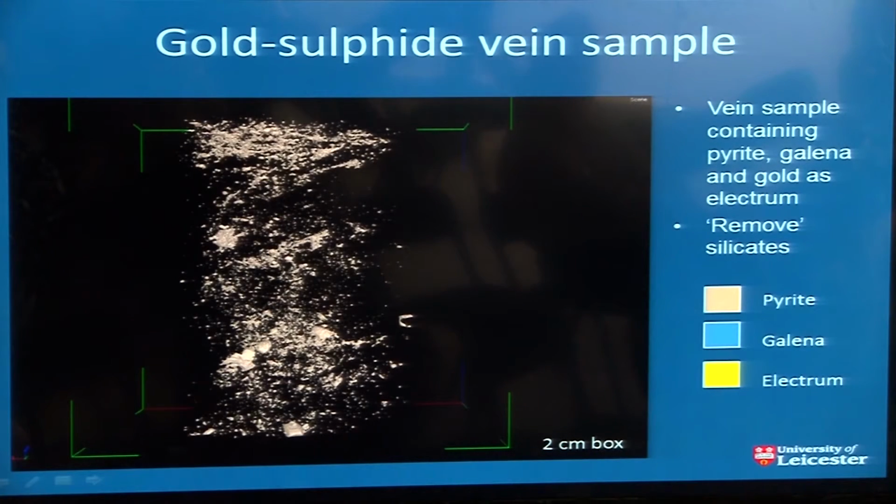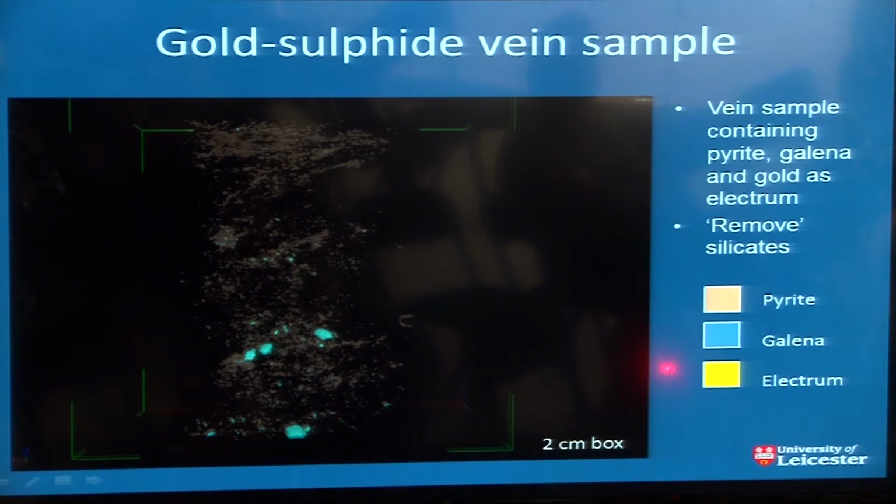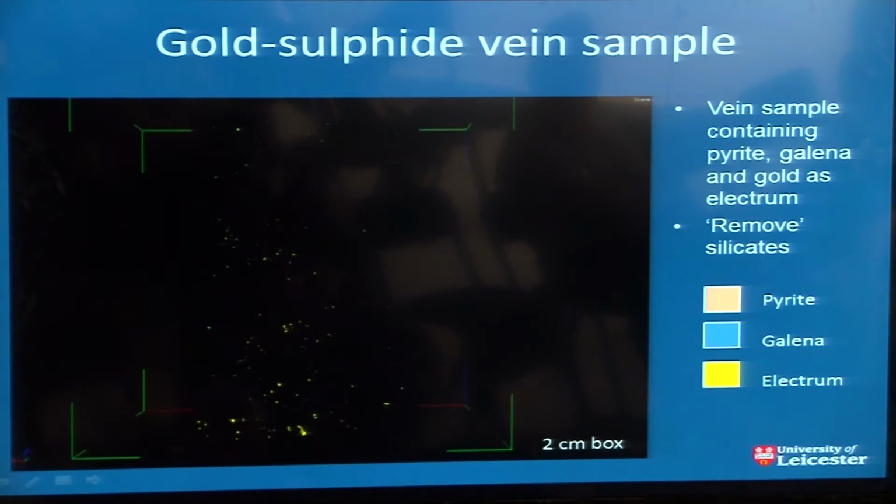So here's a gold sulfide vein sample containing pyrite, galena, and electrum. So we removed the silicates here, so we're just showing the sulfides there. We'll get rid of the lower density pyrite, and we've got galena in blue there, and we can get rid of that, and we're left with the electrum.